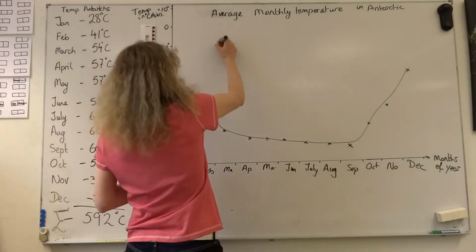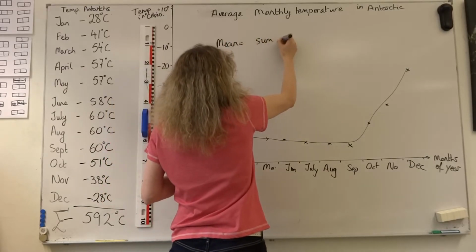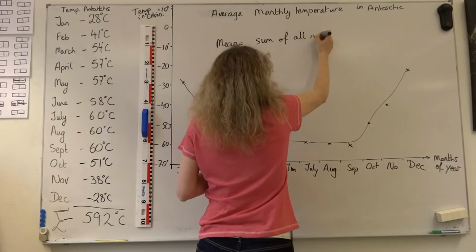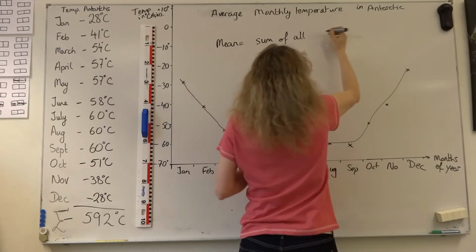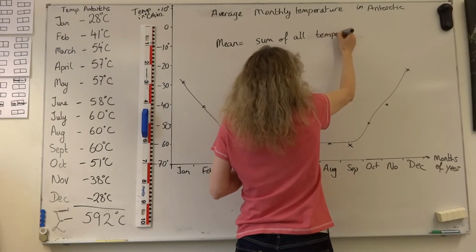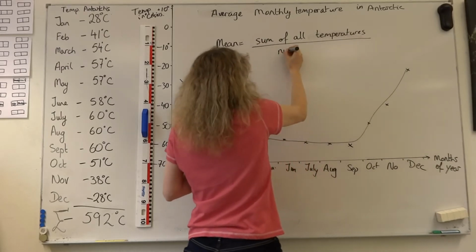In order to calculate the mean, we have the sum of all the numbers, or temperatures in this case, divided by the number of months we measured the temperature over.